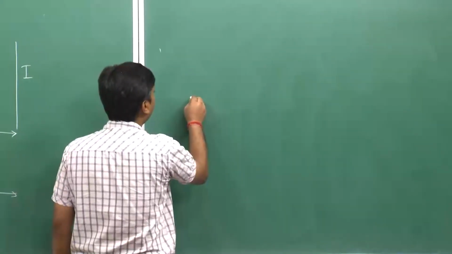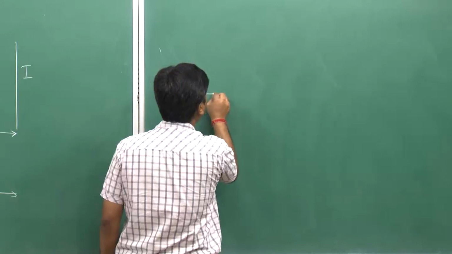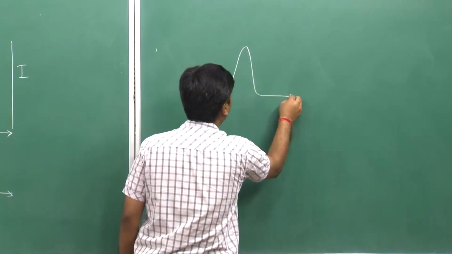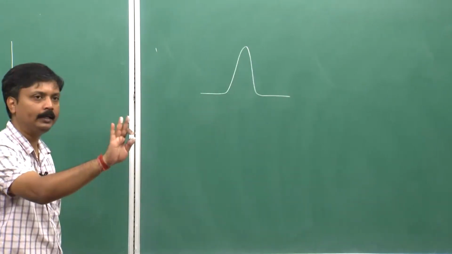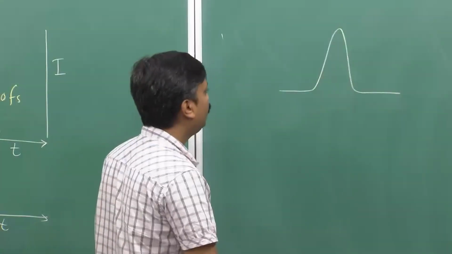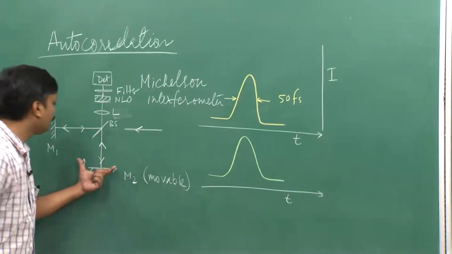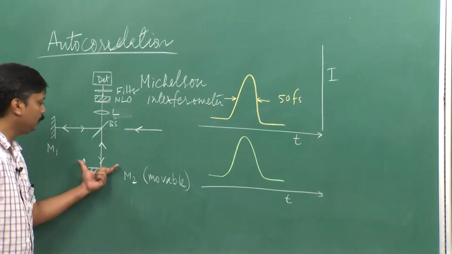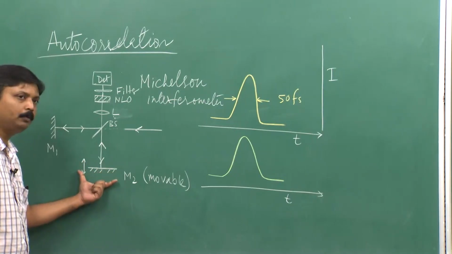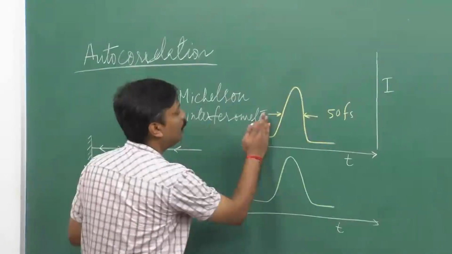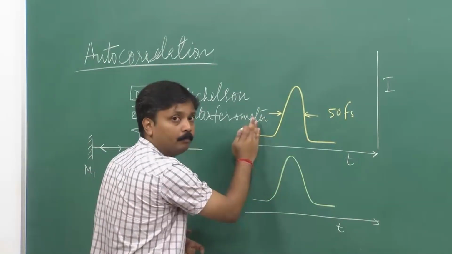So to start with, I have one pulse going to the detector. Okay. Now I have moved this mirror such that the second pulse is totally outside this envelope.